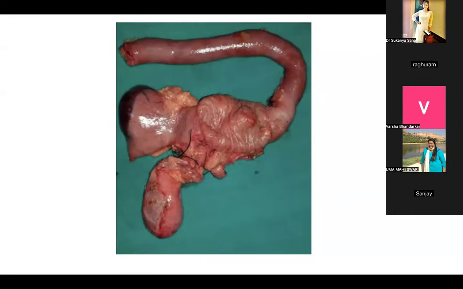Yeah, basically, you remove the duodenum, the proximal jejunum, the pancreatic head and neck, the uncinate process, the gallbladder and the common bile duct. And the pylorus of the stomach may or may not be removed depending on whether it's a pylorus-preserving procedure or not.